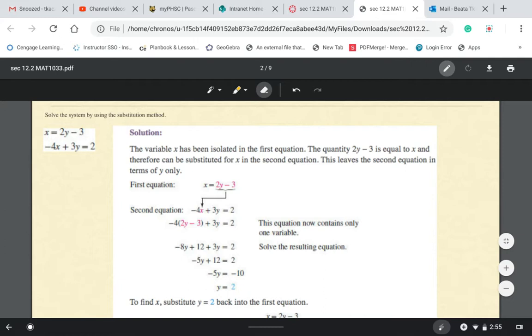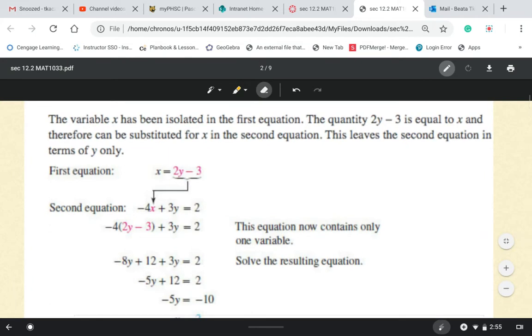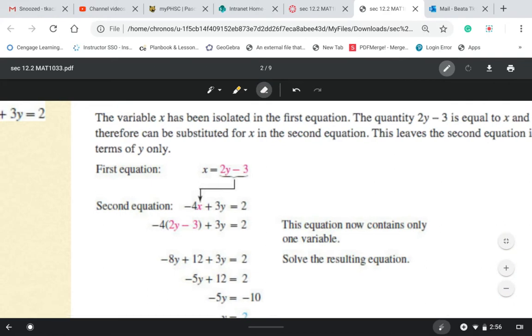So we know that x is the same as 2y - 3, and we're going to replace x in the second equation with the expression 2y - 3.